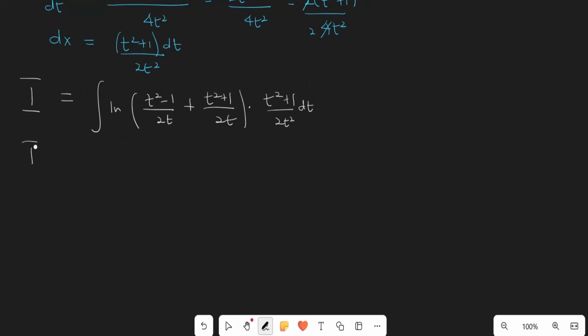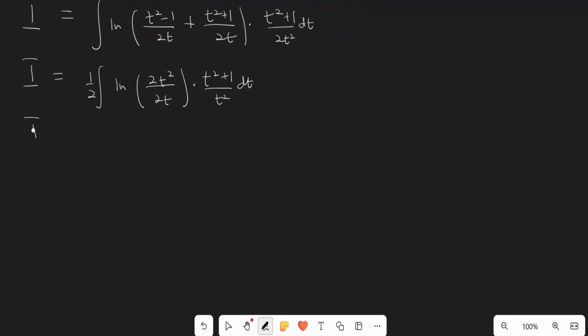Cool. So I here is going to be equal to the integral of the ln of, since the denominators are the same, we just sum the numerators, which sum to 2t squared all over 2t. This is multiplied by t squared plus 1 all over t squared dt, and the 1/2 is a constant that you can bring out in front. Let's simplify this integral.